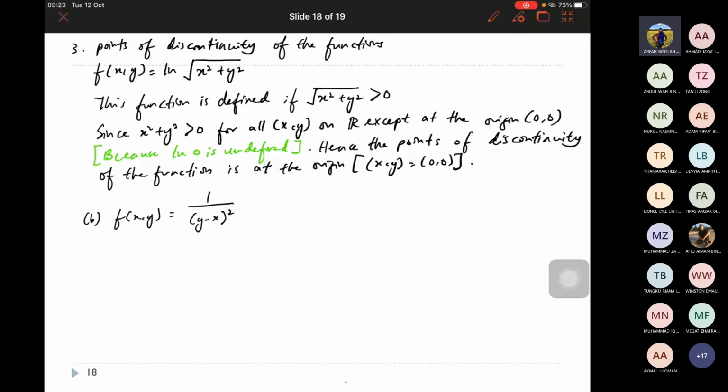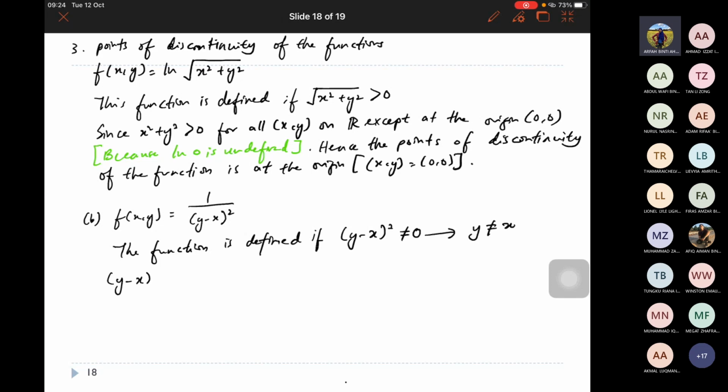So, the function is defined. Okay. The function is defined, okay, if y minus x squared tidak sama dengan kosong. Meaning that y tak boleh sama dengan x. So, y minus x squared does not equal to 0 for all x and y on apa nama dia?